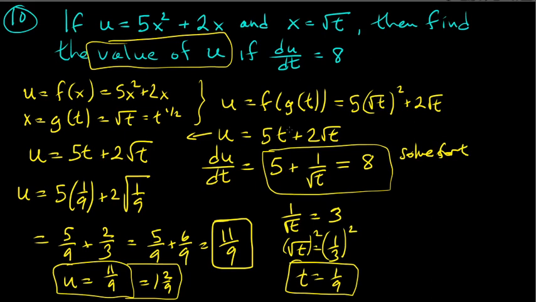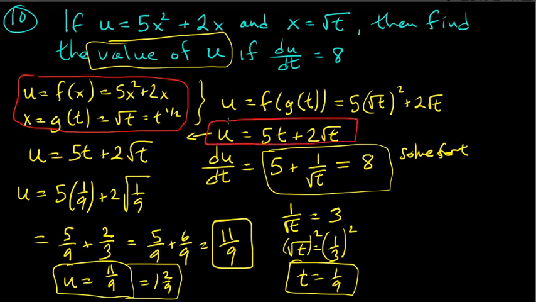So this was, I think, the most direct way to do it. The other way to do it is up here. We could have found the derivative of u with respect to t by using the chain rule. But if you can find u directly as a function of t, which we could do here, then there's no need for the chain rule.